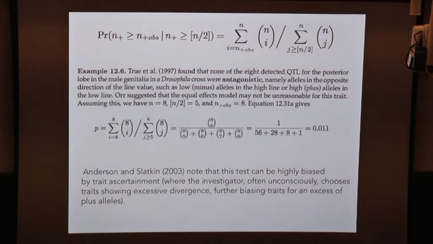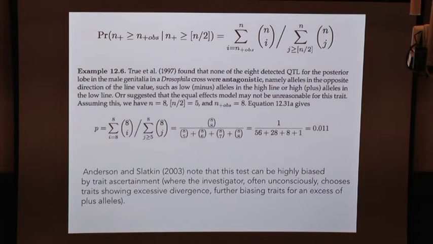So that's an application of the sign test of equal effects. Whether you want to use the equal effect sign test is sort of unclear, but a key idea here, just like with FST, is trait ascertainment. Anderson and Slatkin found that if you unconsciously chose traits showing excessive divergence, then you're conditioning not only on the high line having plus alleles, but having a lot of plus alleles.